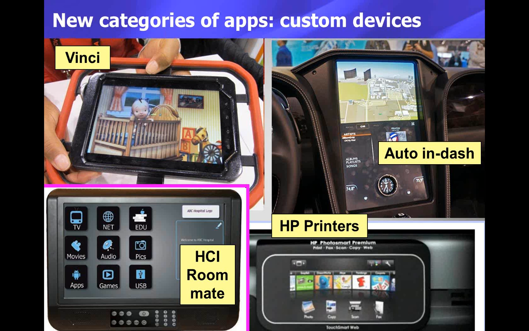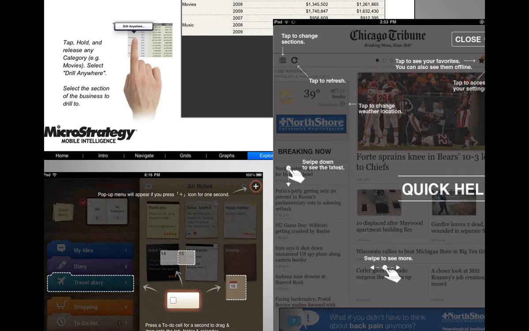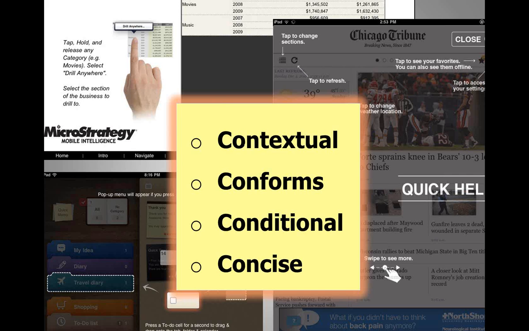I've been going around to a lot of dealerships and checking out different systems, and they all have something in the works for in-dash apps, the ability to use apps in an in-dash entertainment system.